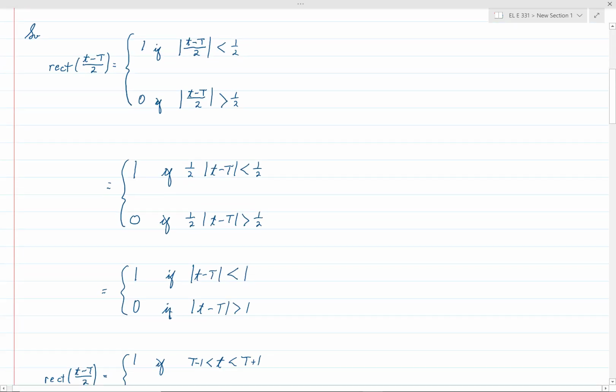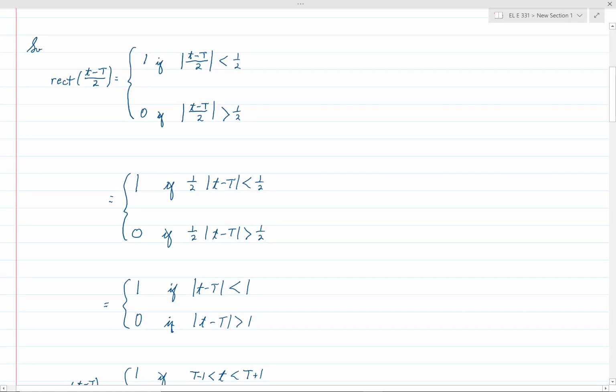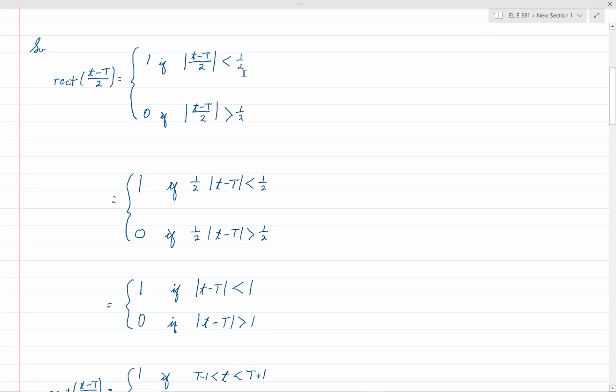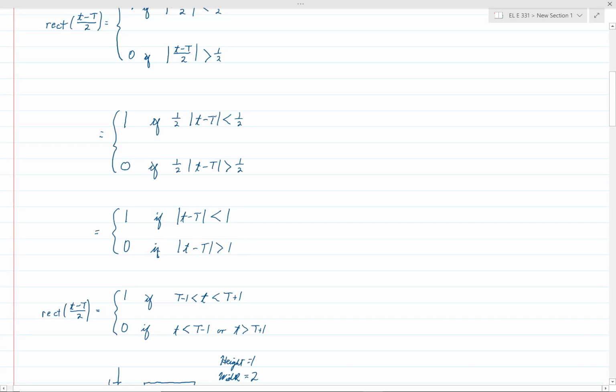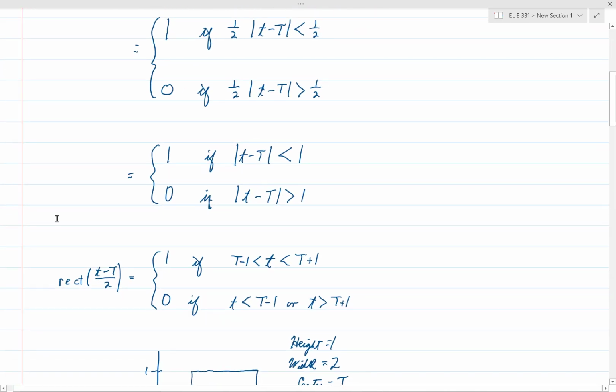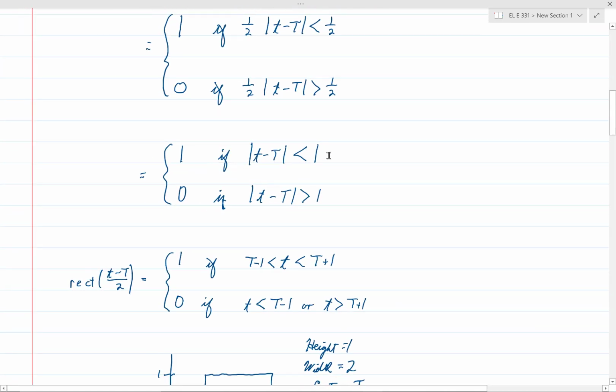And then we can multiply both sides of the inequality by 2. And remember, when we multiply an inequality by a positive number on both sides, it does not change the sense of the inequality. So when we multiply both sides by 2, we will come down and get this. Now, at this point, we need to think for a moment about exactly what this means.